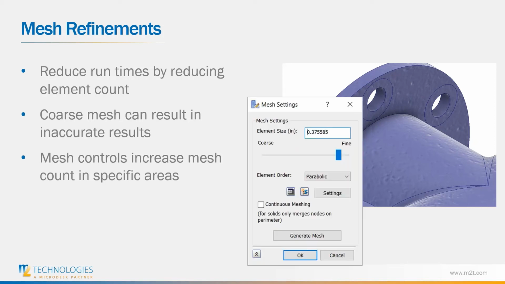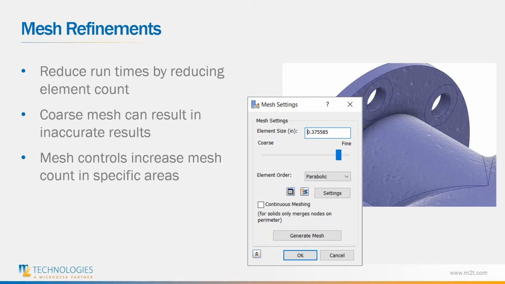We start by setting our default mesh settings. We can set it to coarser or finer depending on our needs. A finer mesh will result in a higher mesh count, which will take longer to run, whereas a coarse mesh has a tendency to have less accurate results.